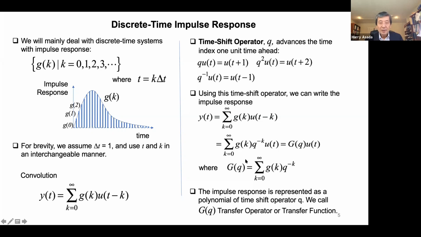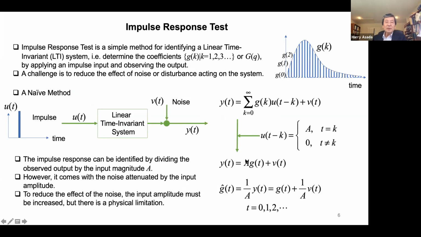Okay. Now, the impulse response test. What you need to do is hit the system with an impulse, and then you measure the output, right? Discretizing this in this way, we would like to obtain these values. However, the challenge is that any measurement like this is corrupted with some noise, let's say v(t).